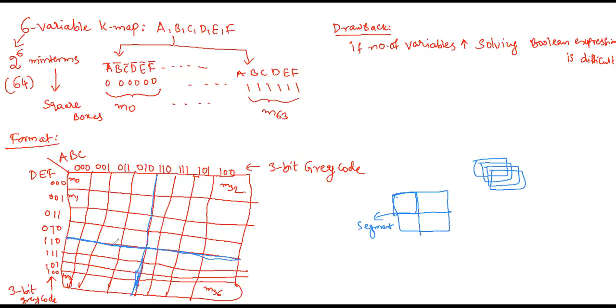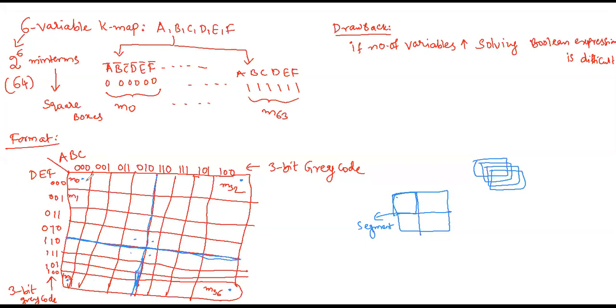So if you fold this like shown in the figure, you will have these 4 boxes one upon another. So these 4 have adjacency. Similarly, M0, M32, M36, this one also has adjacency.